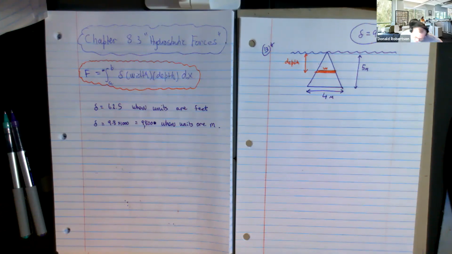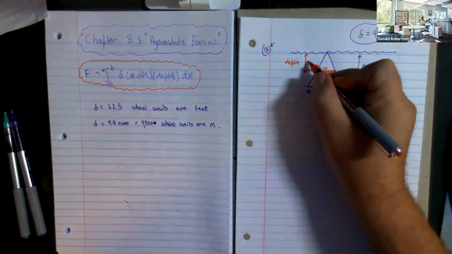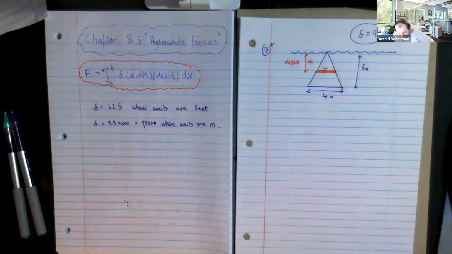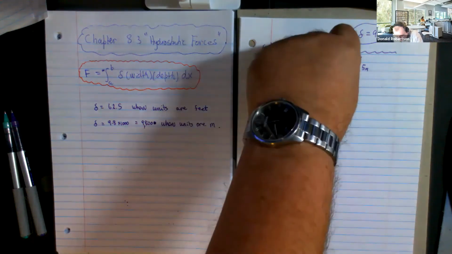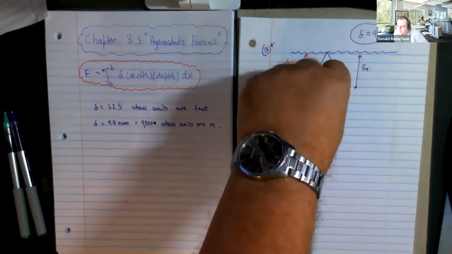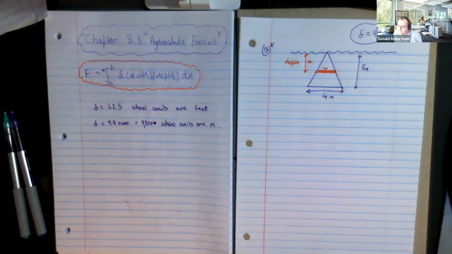Do you know what I would do? Can I just make that X? In other words, the depth can be X. No, seems reasonable. Why? Don't I measure X from the top of the shape to the strip? And if the top of the shape is touching the surface, won't that be the same thing as X?